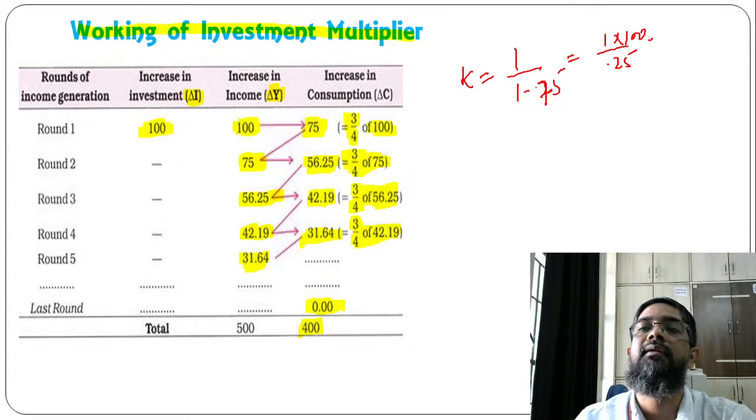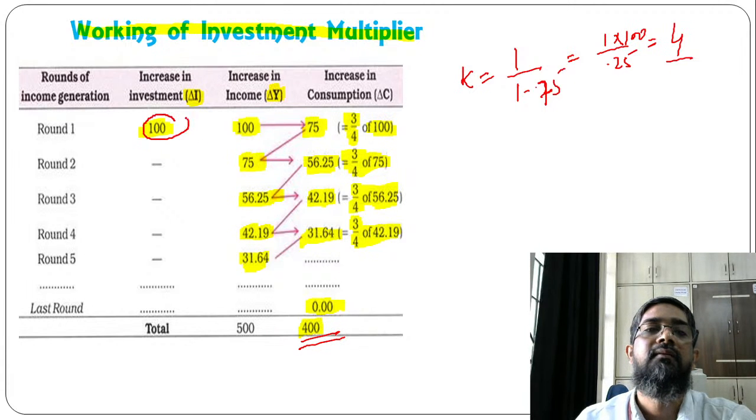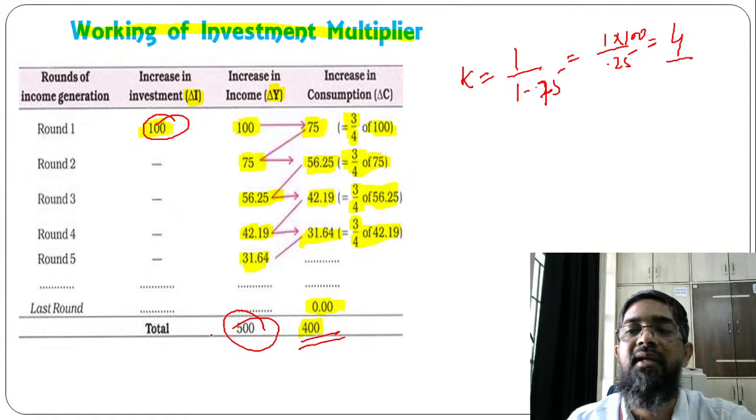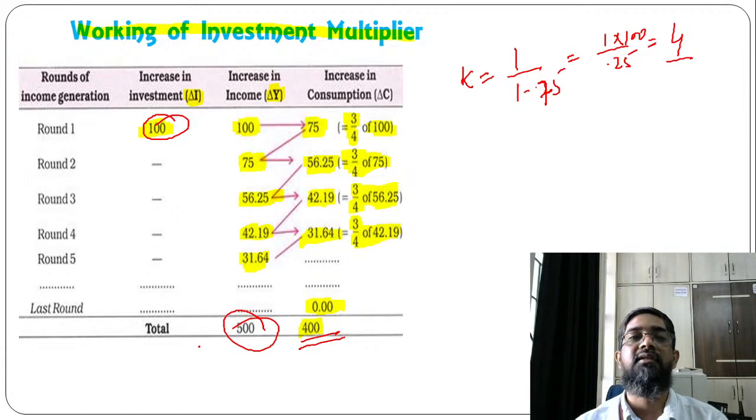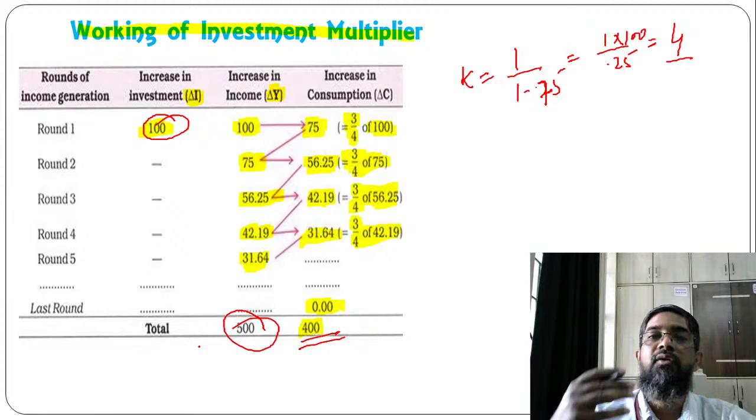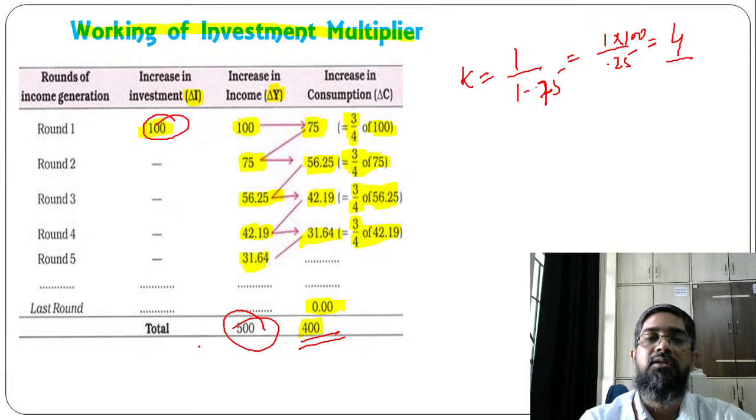So 100 is equal to 4, value will be 4, so 400 is there, and that initial increase was 100, that makes it 500 crore rupees, right? So this is how you can see the working of investment multiplier in an economy. Okay.